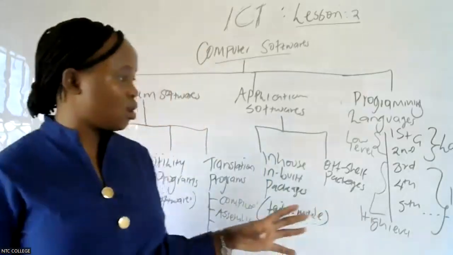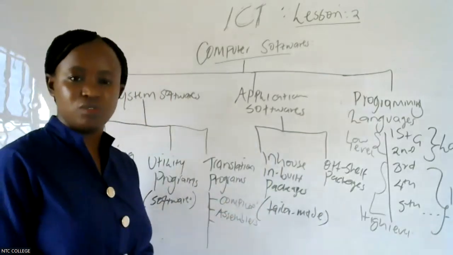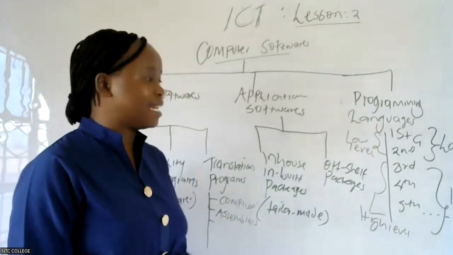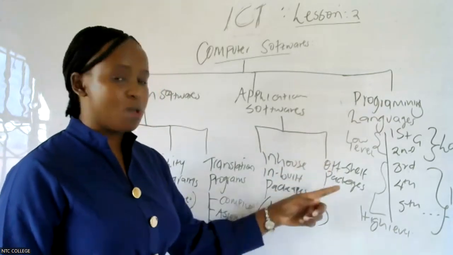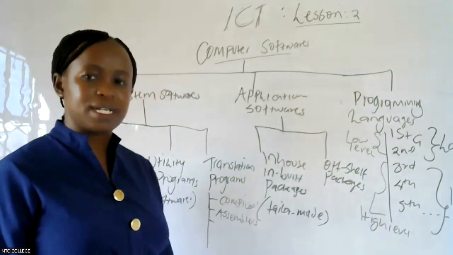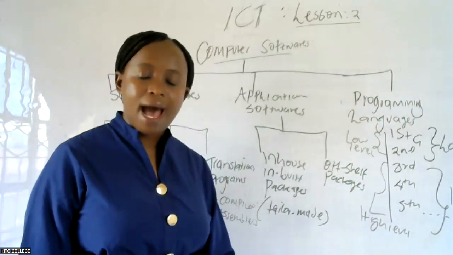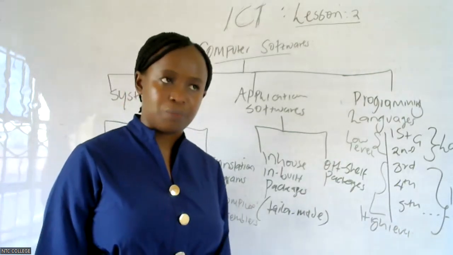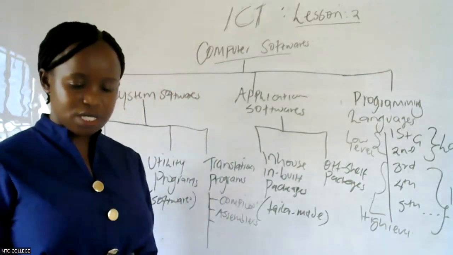So they still saw there was a challenge, a need to improve those third generation programming languages. So we moved to the fourth generation of programming languages. And at that level, they were non-procedural programming languages.